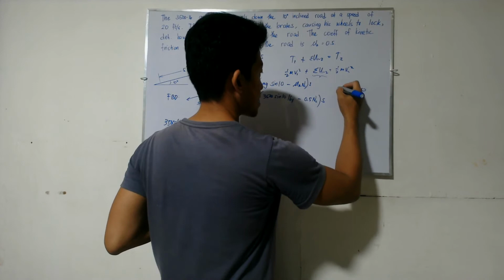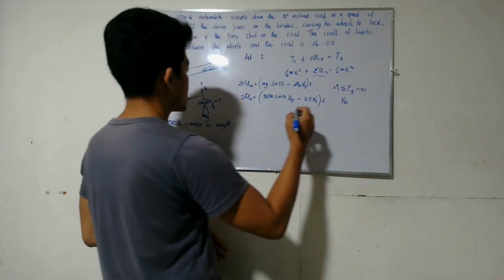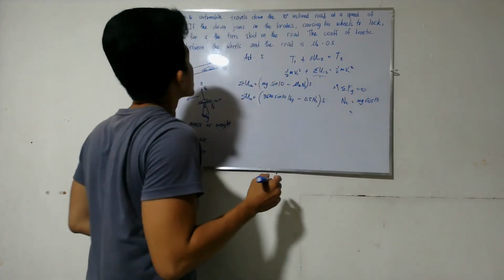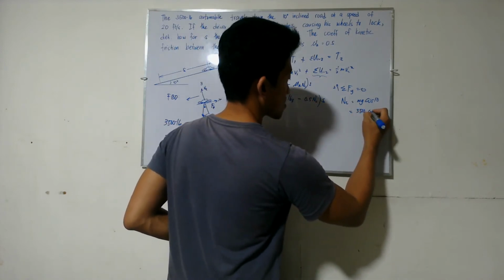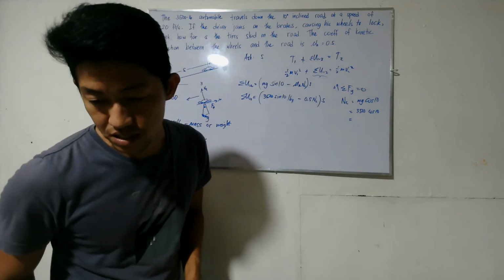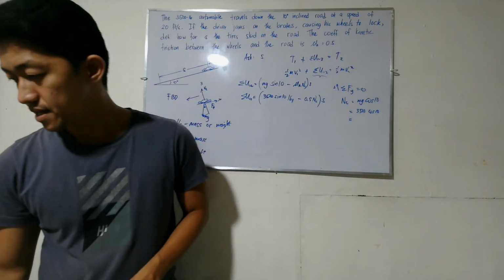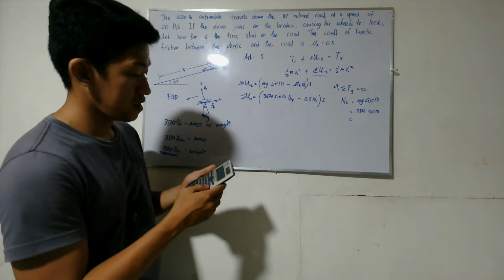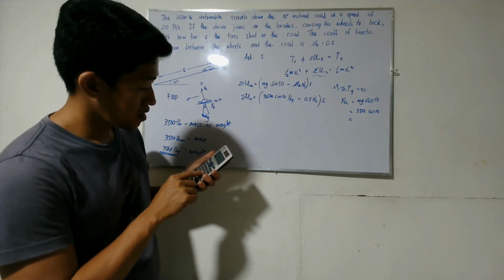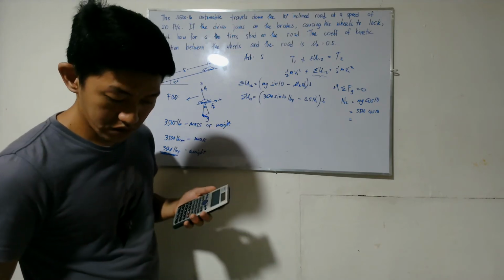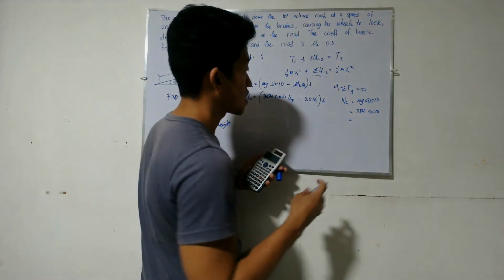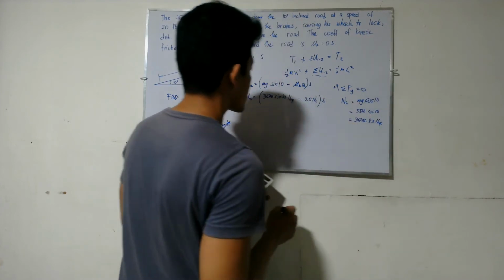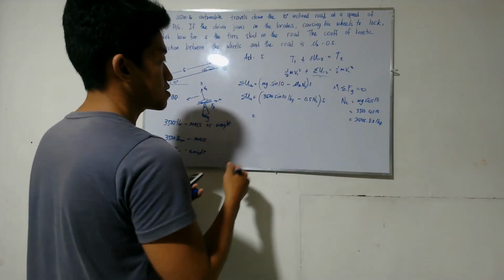So NC is just mg cosine 10, so this is just 3,500 cosine 10. So how much is it? 3446.83 pound force.